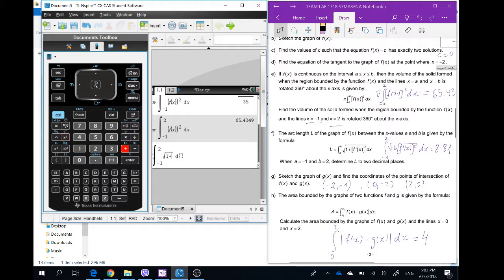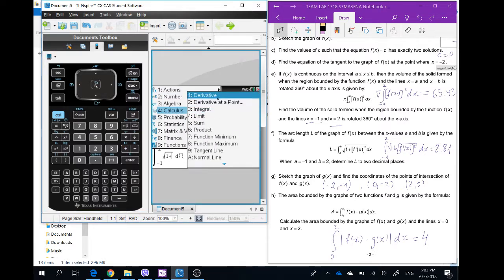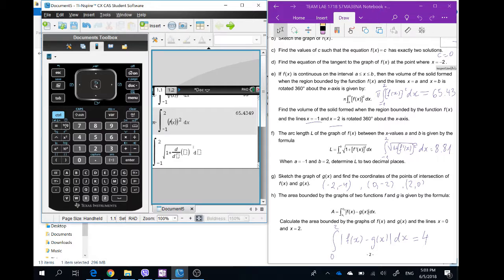So be careful here. First you have to find the derivative and then square. So menu, calculus, derivative dx, df of x, and then I will put all these in brackets, and then to the power of 2, dx.